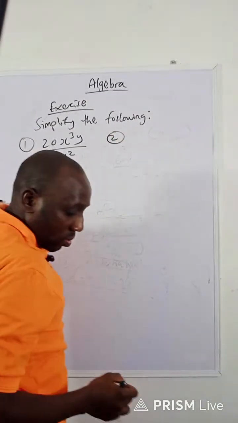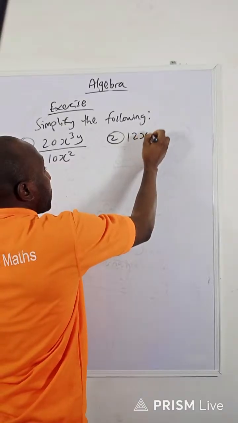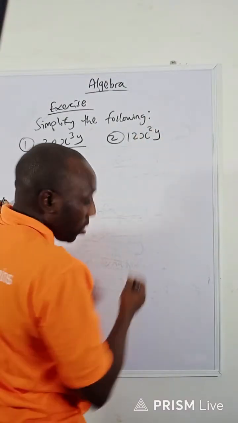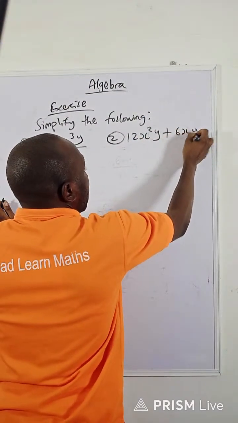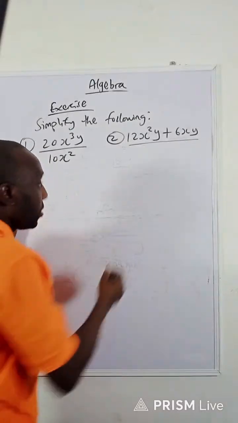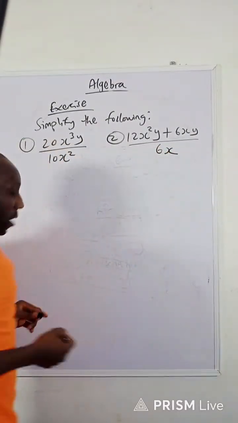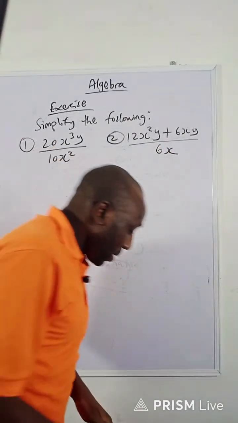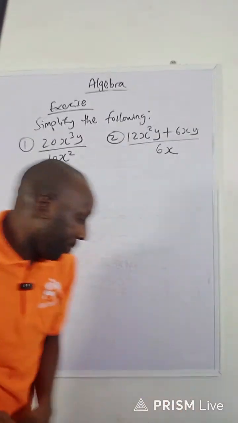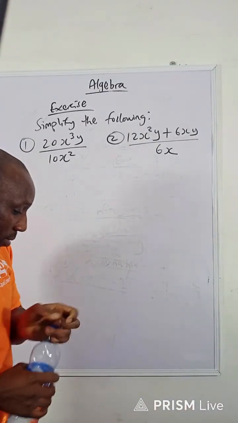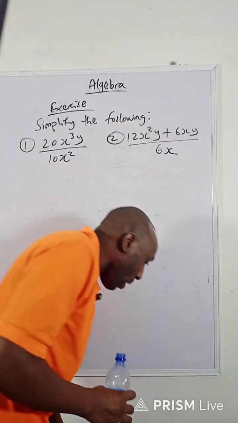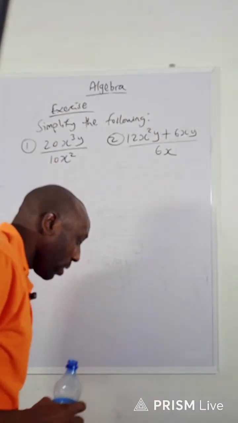Then number 2: 12x squared y plus 6xy over 6x. So try those 2 questions and let's have your feedback in the comments. I'm still here. I'm just going to sit for a while and allow you to try this out, okay?